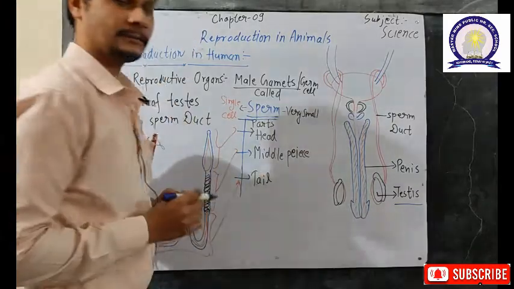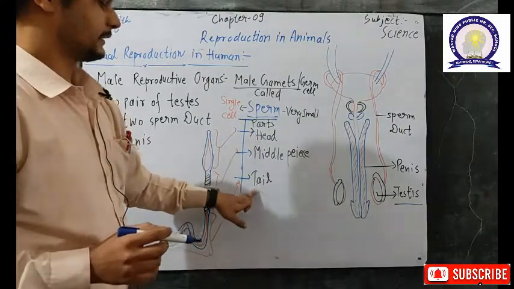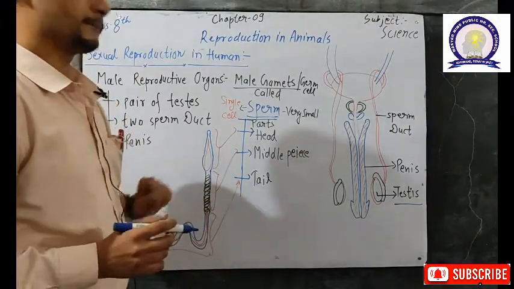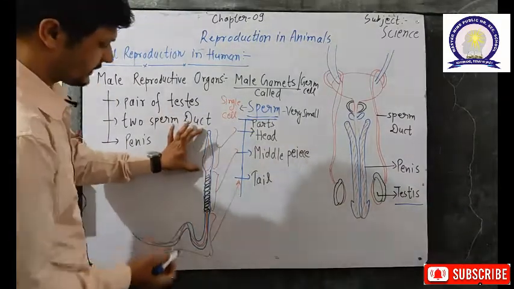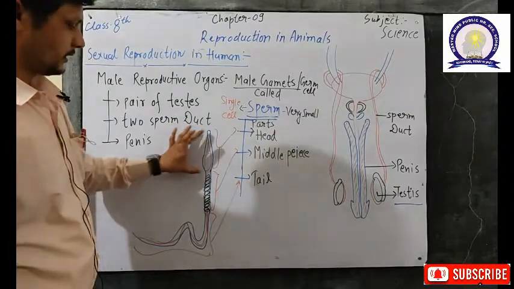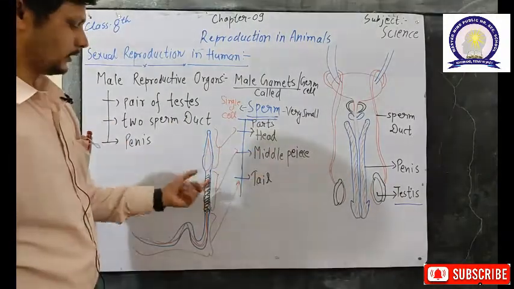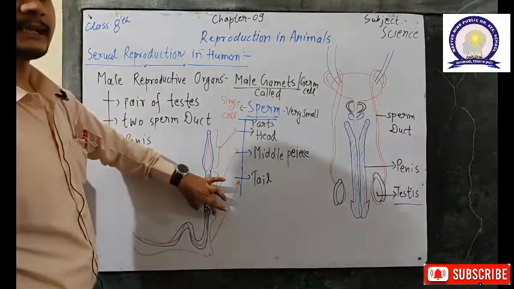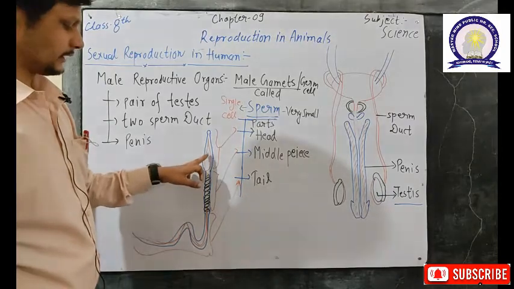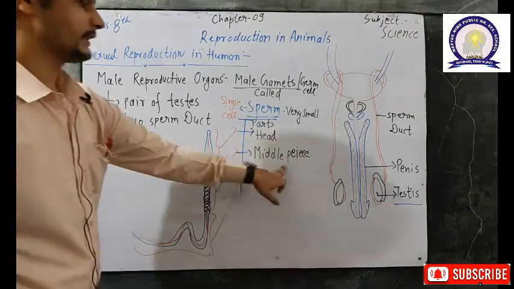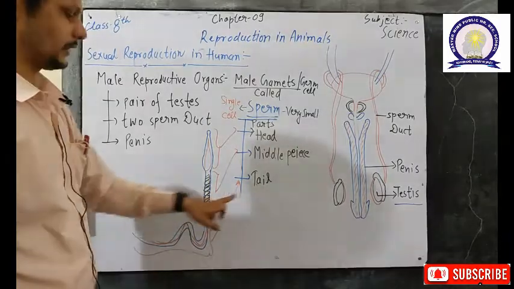There are three parts of the sperm. The first one is called the head, then the middle piece, and the third part is called the tail. A simple rough diagram is given in your book also. Here the initial part, which looks like a bulgy and elevated part, is called the head. The head continues as a cylindrical tube-like structure which looks darker, that is called the middle piece, and the middle piece continues as a tail-like structure, called the tail.